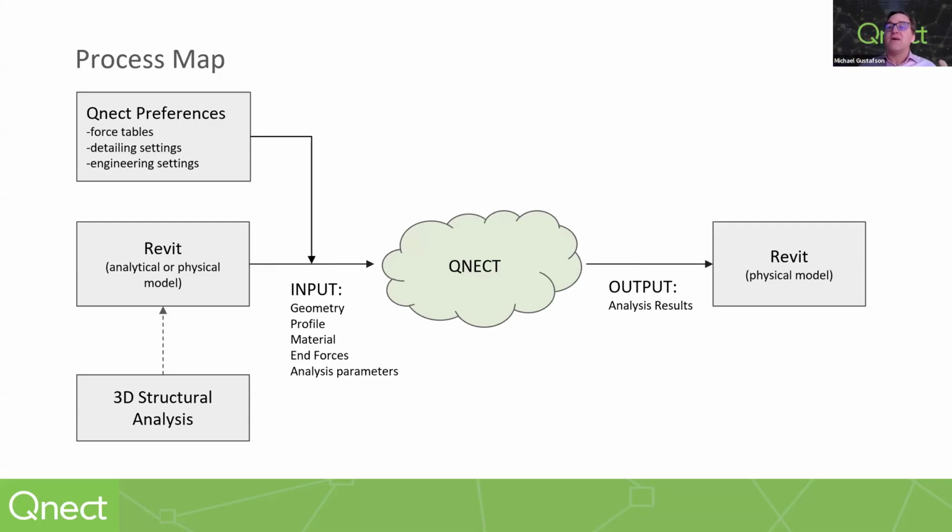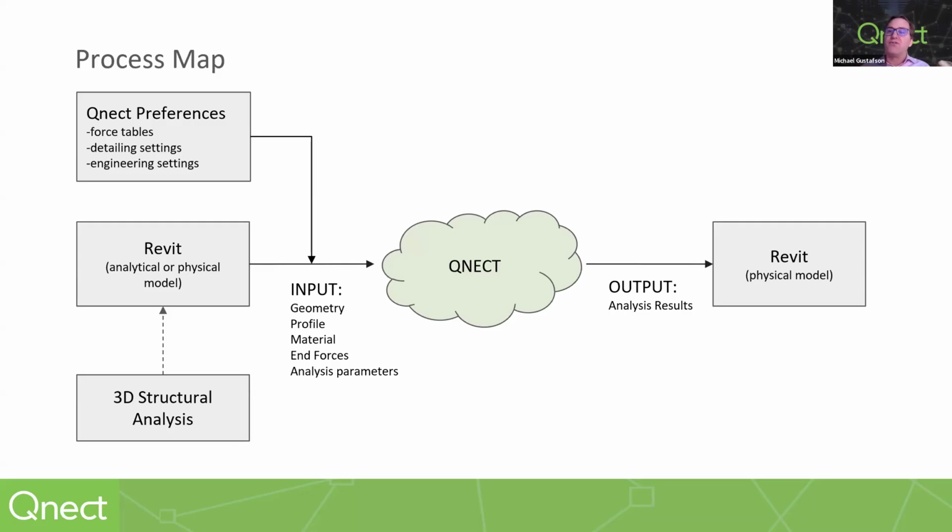There are really two ways that we can use forces. We can either use UDL tables or shear tables that you have, based on forces or number of bolts. These are typically the shear tables that you have in your general structural notes. So that's one option. Or you can extract them if you have them in the Revit model itself at the parameter ends.